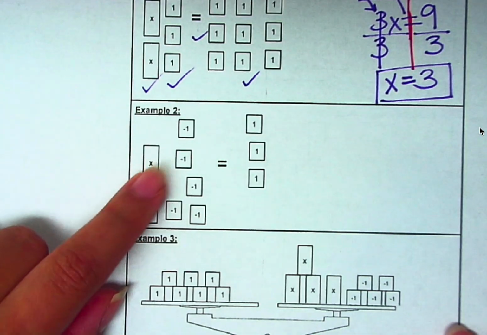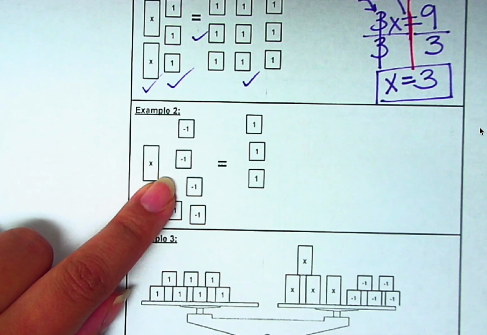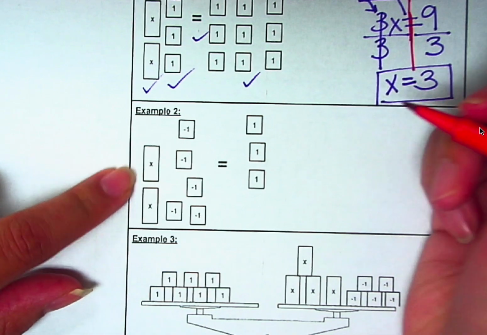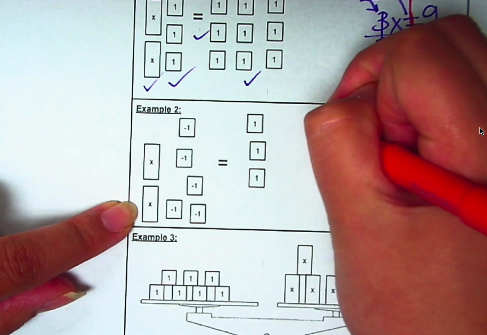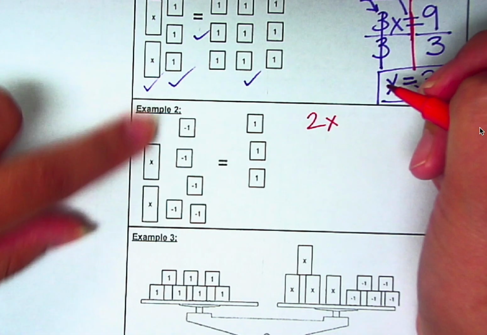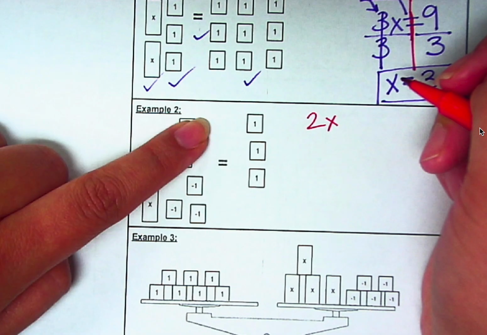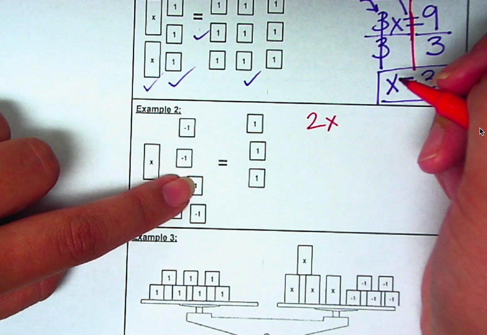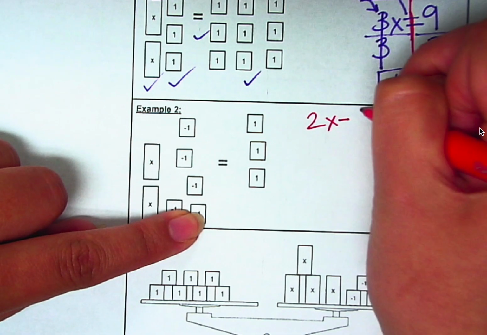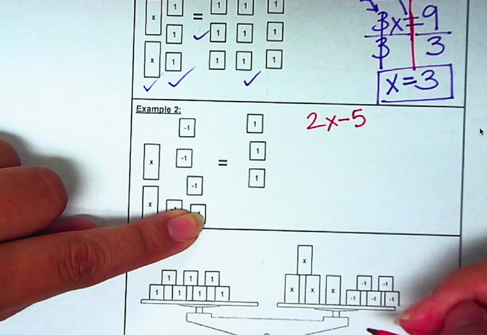So again, we have to write our equation from this model. So how many x's do we have? 2x. These ones right here, there's a little sign in front of us, our negative sign. So we have 1, 2, 3, 4, 5. So that means it's going to be -5.